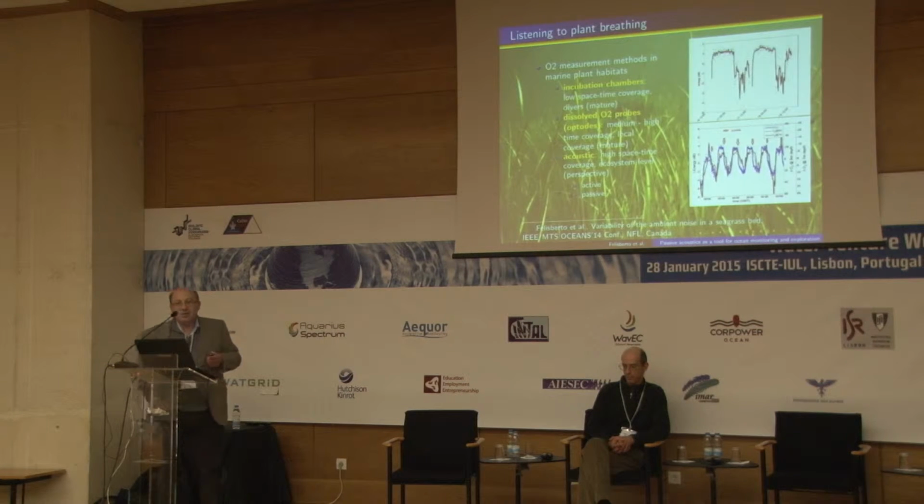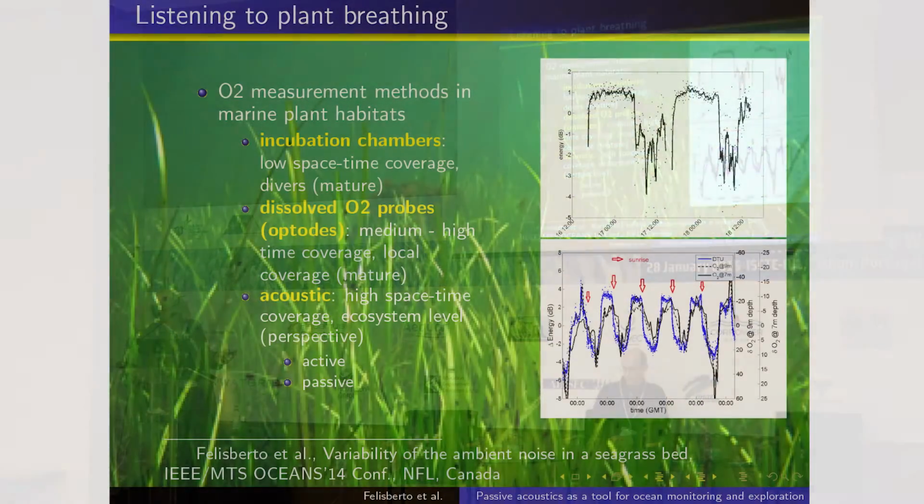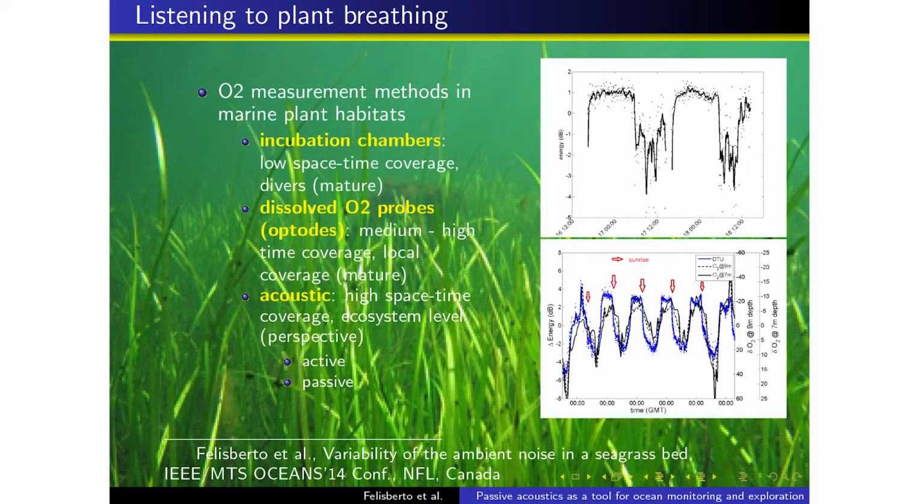And what you can see here is the attenuation of the signal. This is in the upper panel. These are active transmissions, and here at sunrise, the signal is highly attenuated. And why is this highly attenuated?